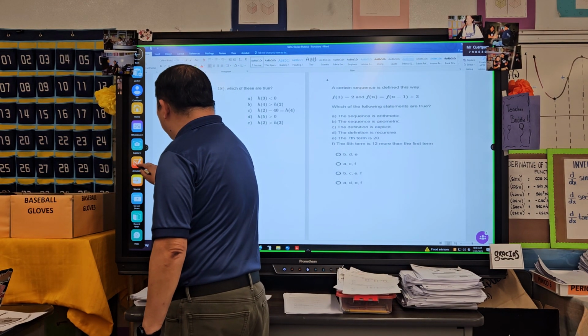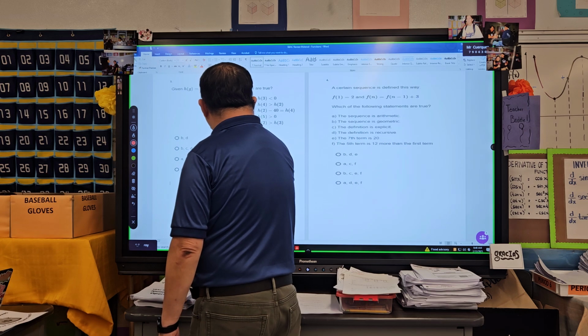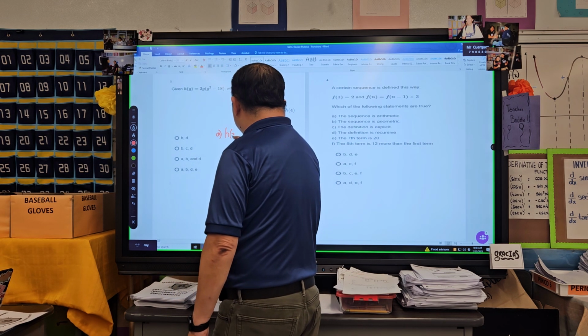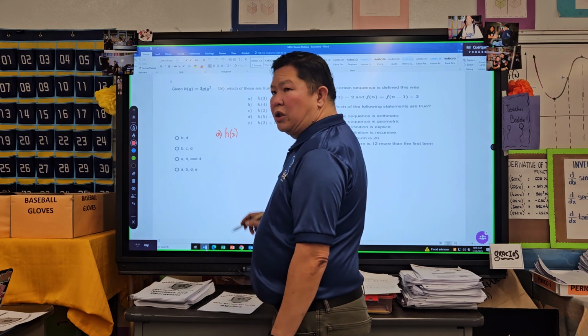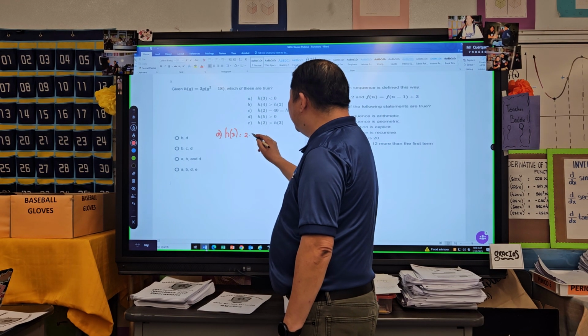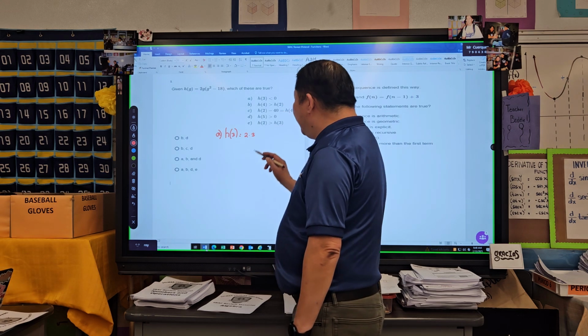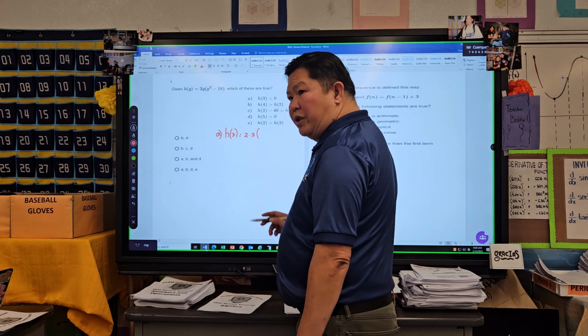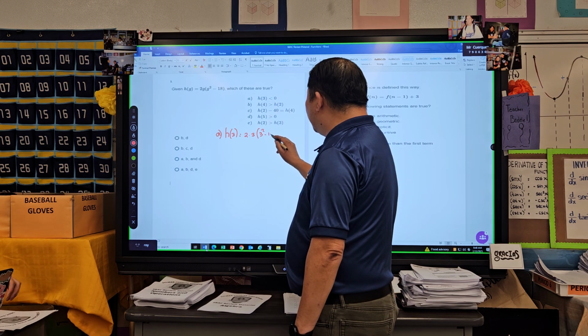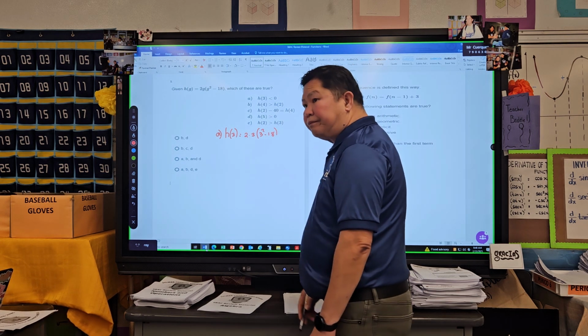For solution A, we have h of 3 from the given function 2g, which means 2 times 3, right? And then we have g squared, meaning 3 squared minus 18.